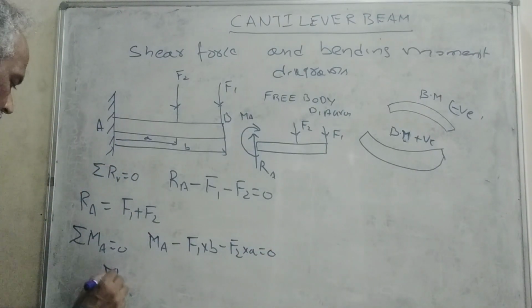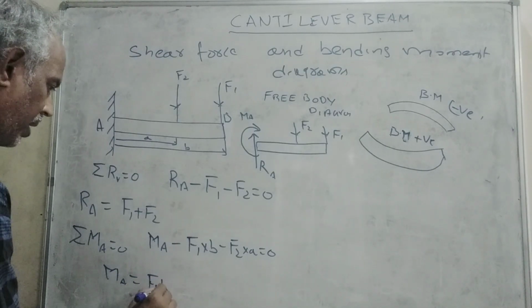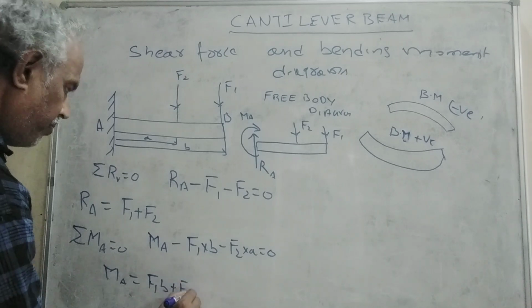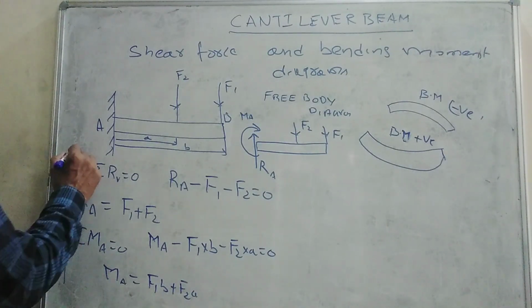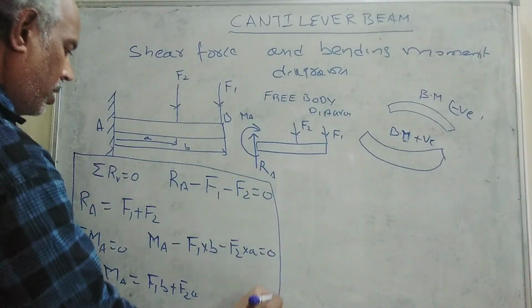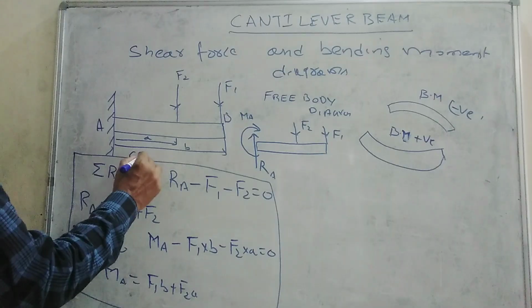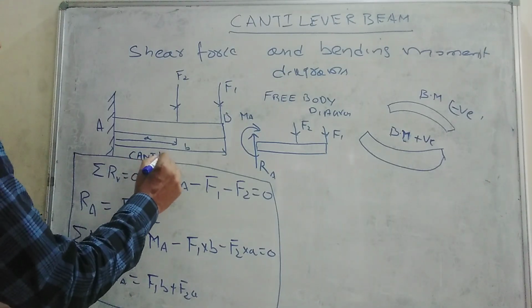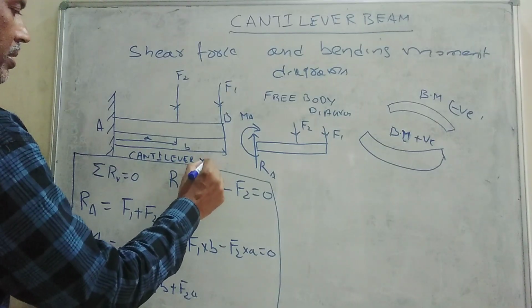Therefore, MA is equal to F1B plus F2A. Now, this is the mechanics part of the cantilever.